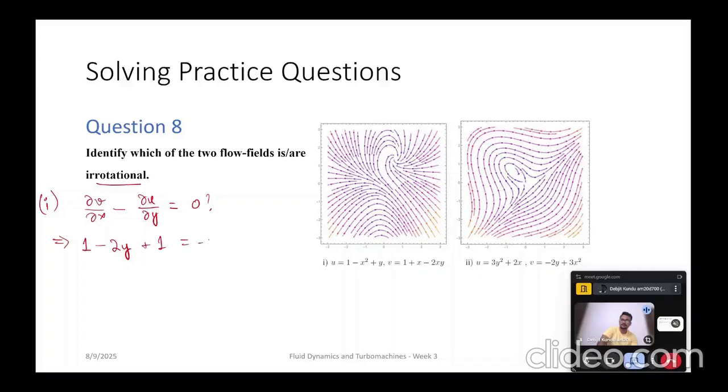So this is equal to minus 2y, which is not equal to 0. So this is not irrotational. This is rotational flow.